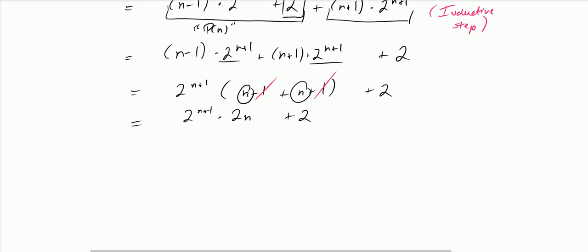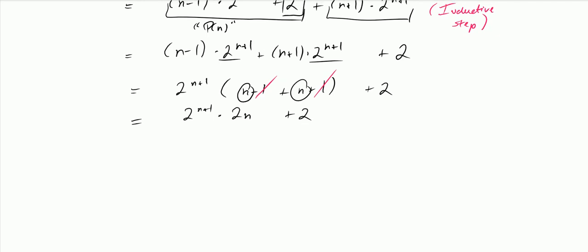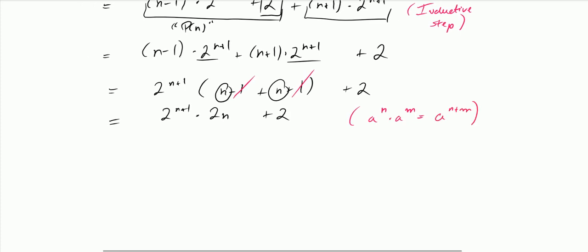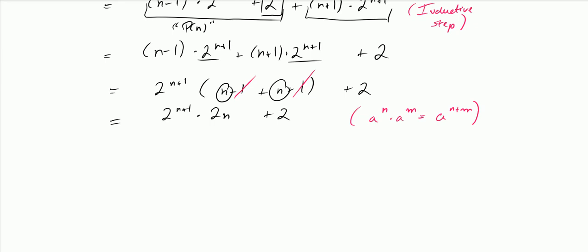This is a part where you need to think back to exponent and power properties. Remember that a to the m times a to the m, that's equal to a to the m plus m. That's what I have here. I have the same base 2 here, with exponent n+1, and then the base 2 here with an exponent that is just 1.